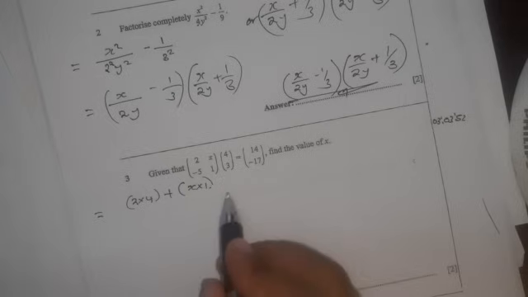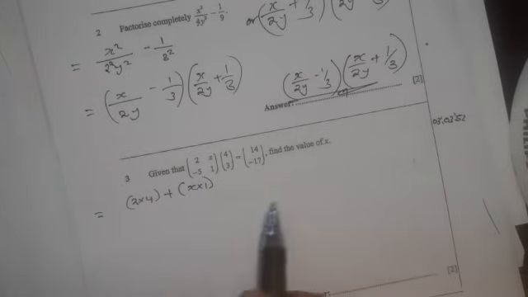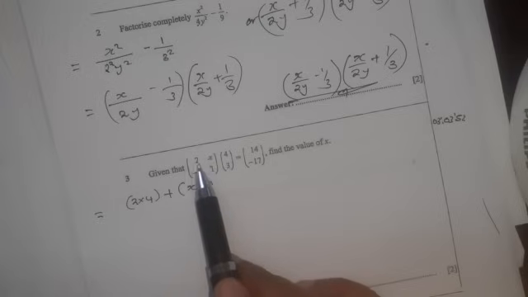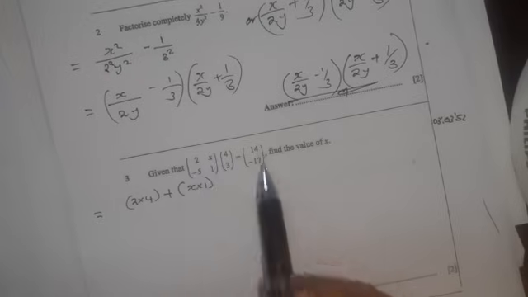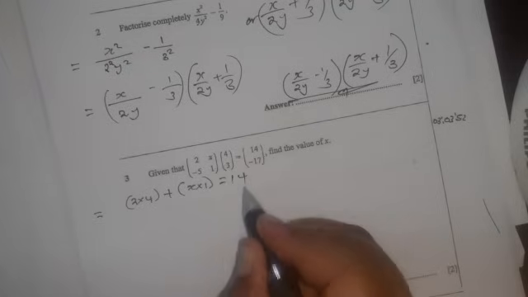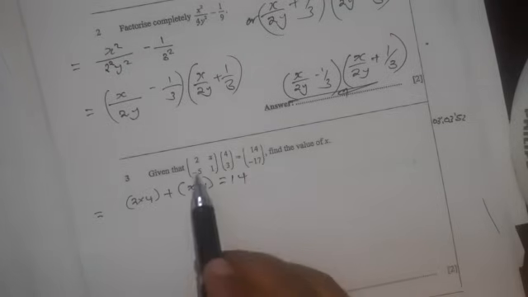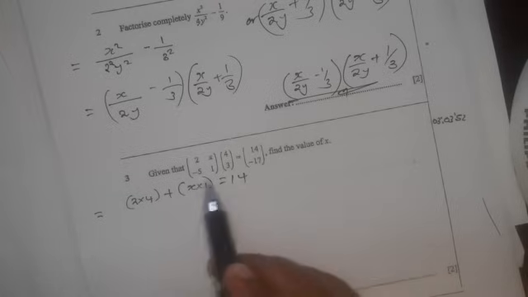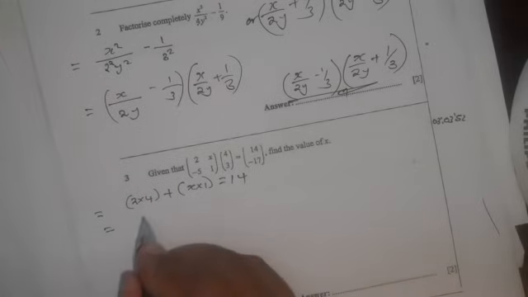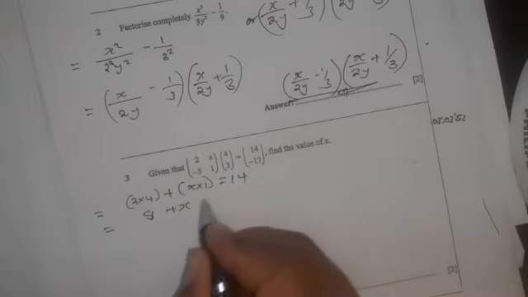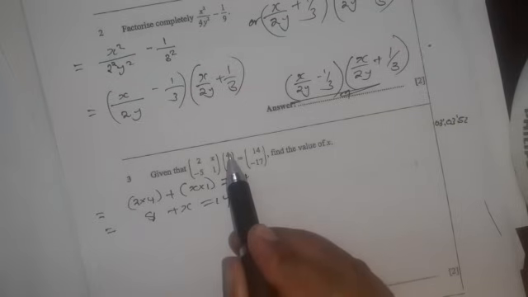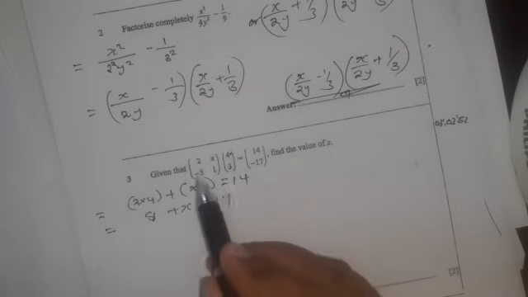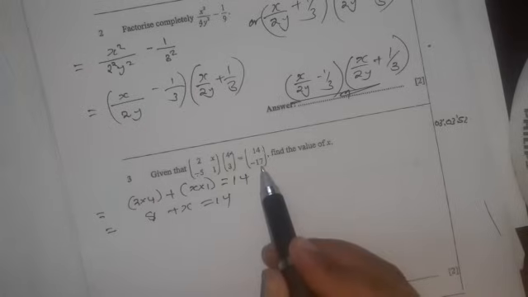Now, because they tell you that when you multiply you get 14, you can equate this directly to 14. Even if you multiply, because you don't have a variable, you just waste your time. So this will give you 8 plus x is equal to 14. If you want, you can say this by that will be negative 20, then this by that is 3, negative 20 plus 3 will be negative 17.